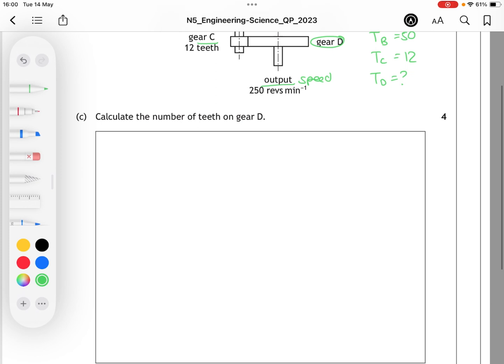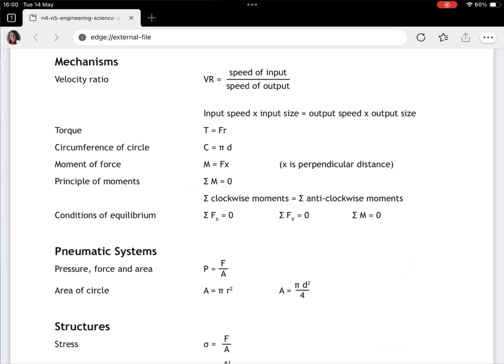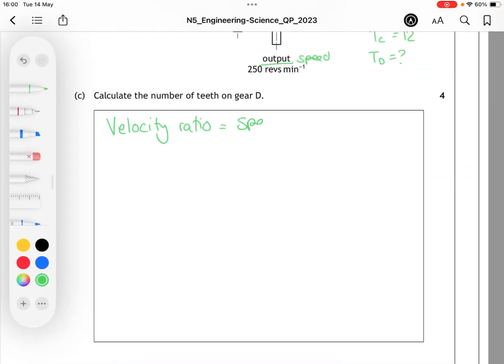So we can work out our velocity ratio, because that in the data booklet is the speed of the input divided by the speed of the output.